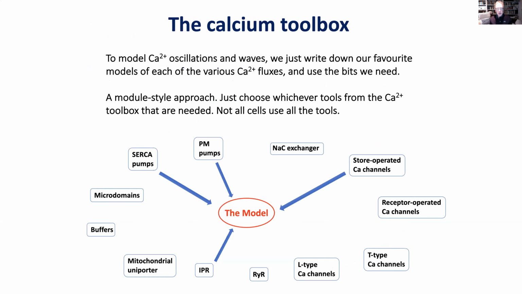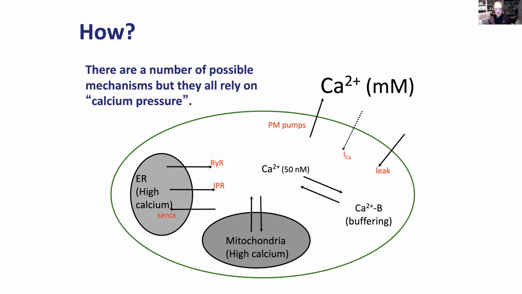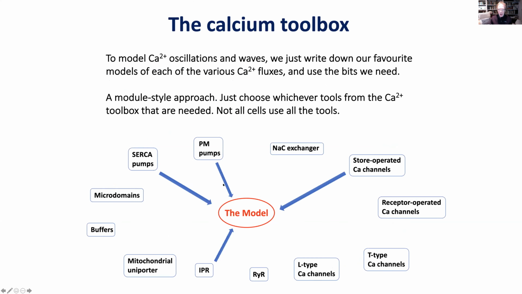You construct the model, you take each of these various bits and pieces, you know, the pumps and the calcium fluxes in and the ryanodine receptor and the IP3 receptor, and each of those has its own somewhat complicated model, which people have worked on over the years, and you decide which bits to put in, and you grab those models and you stick them all together, you connect them up, and that gives you your overall model.